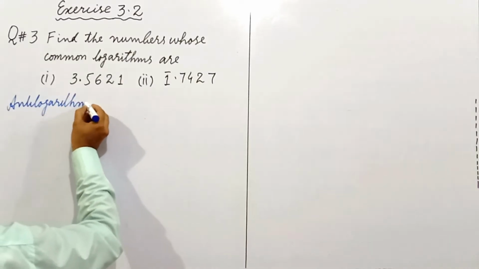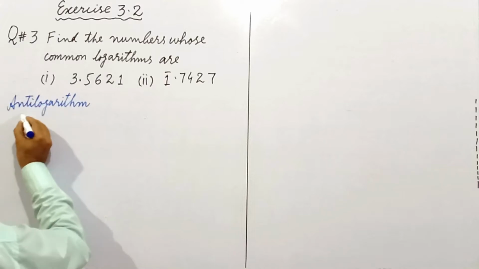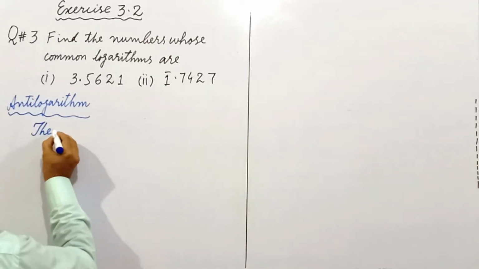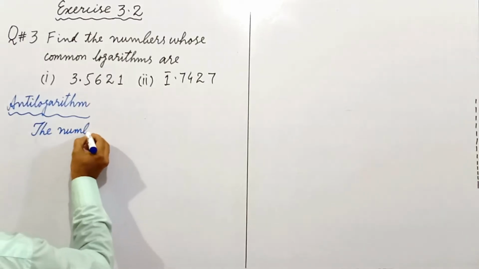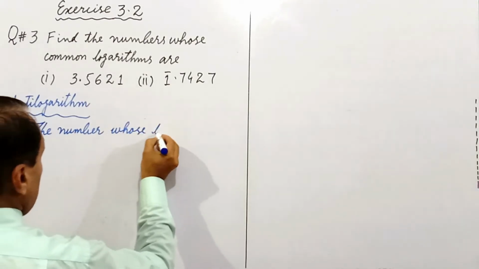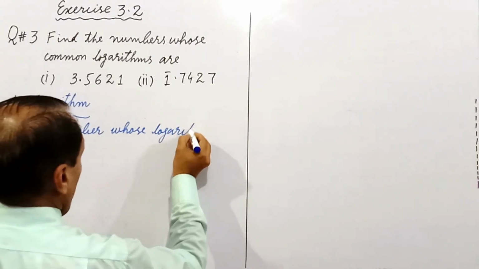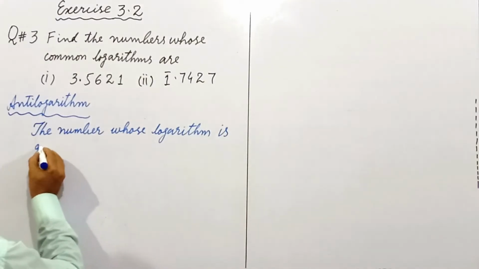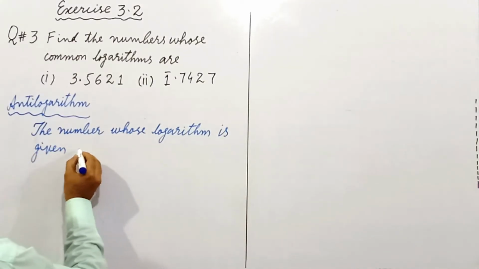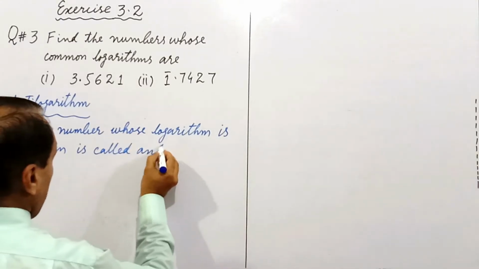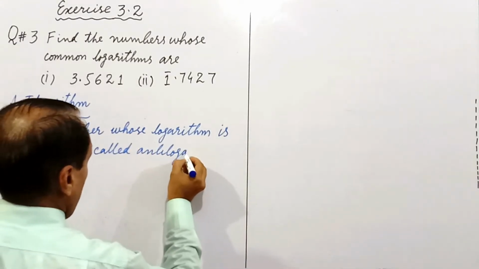Anti-logarithm, that is the number whose logarithm is given, is called anti-logarithm.